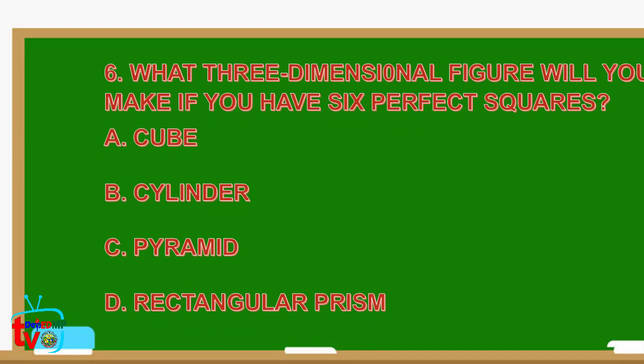Number 6. What three-dimensional figure will you make if you have 6 perfect squares? A. Cube. B. Cylinder. C. Pyramid. And D. Rectangular prism.